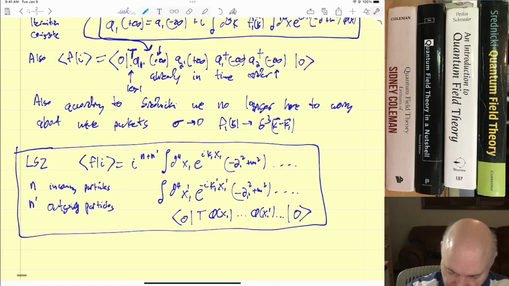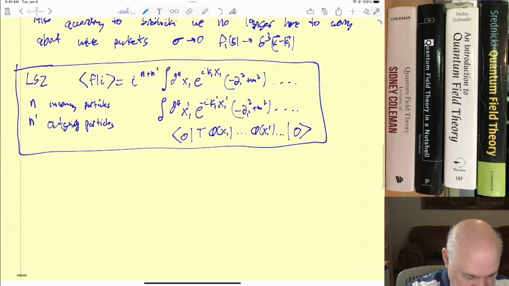But this is the outgoing particle terms. And this is the crucial, the most important object in quantum field theory. It's the matrix element between the ground state of the time-ordered fields. And a lot of what we'll do with Feynman diagrams upcoming in the next few weeks and path integrals is calculating this matrix element. And we'll find out that these other things here will peel off, but that's in the future.